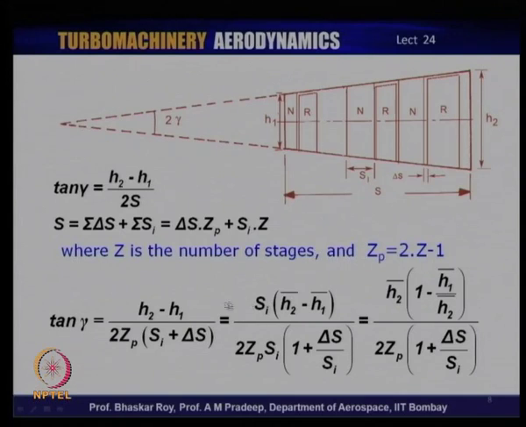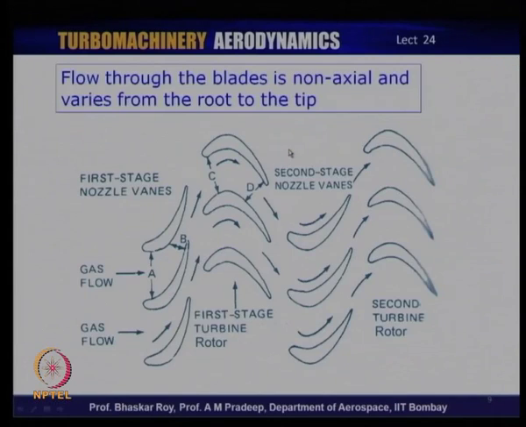So, when you put this simple geometric or trigonometric relationship, you get a conical angle tan gamma, which is a straightforward conical shape to accommodate this multi-stage configuration. So, that is the simplest way of configuring the flow track of a multi-stage turbine.